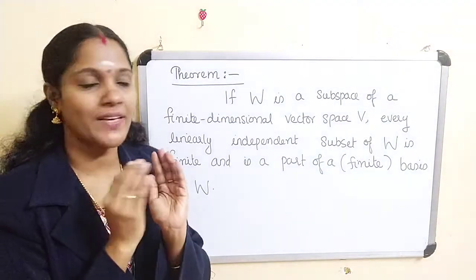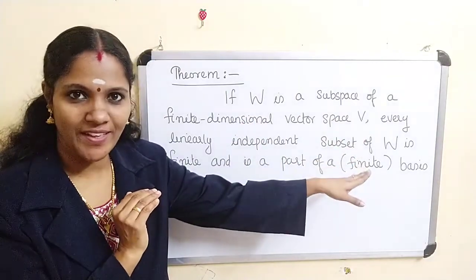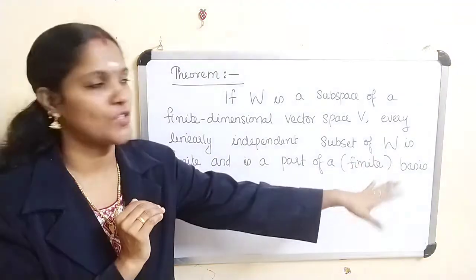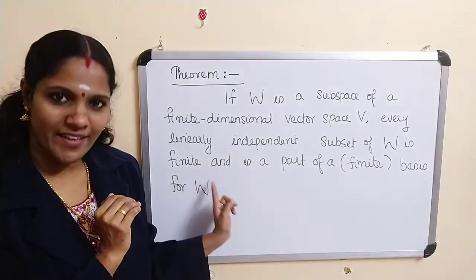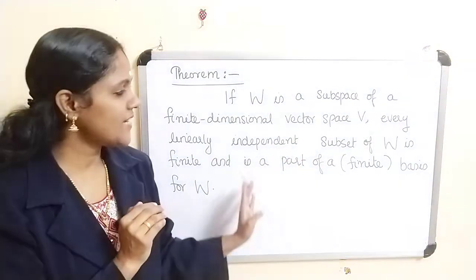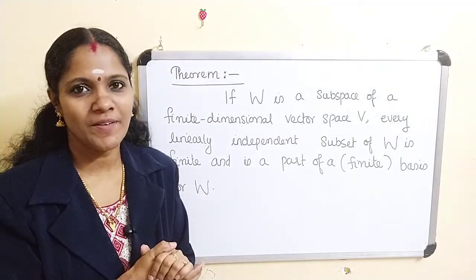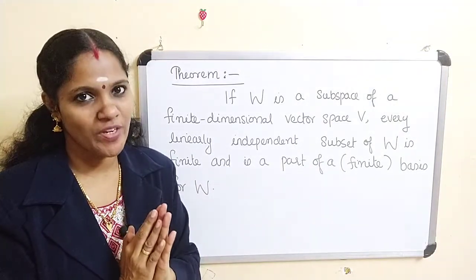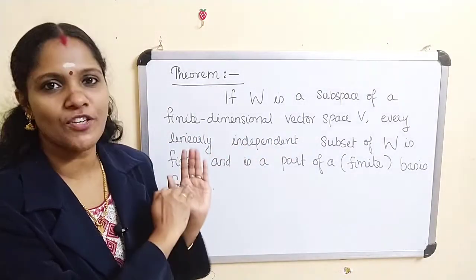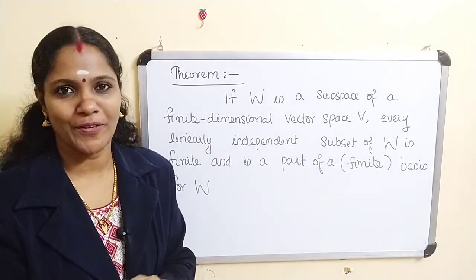Every linearly independent subset of W is finite and it is a part of a basis for W. Clear? W is a subspace of V, then any linearly independent subset of W is a part of a basis for W.